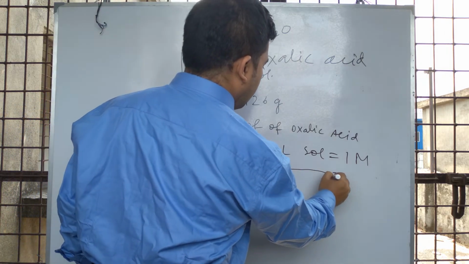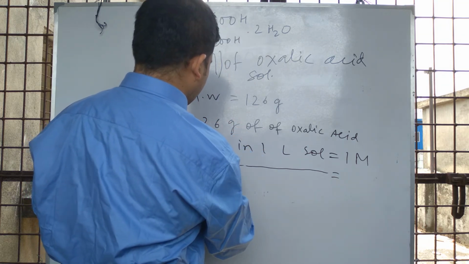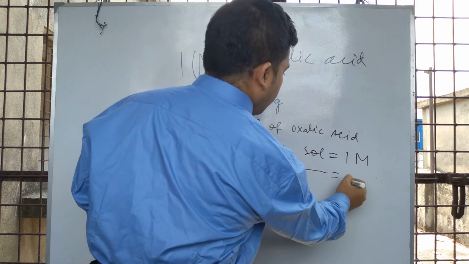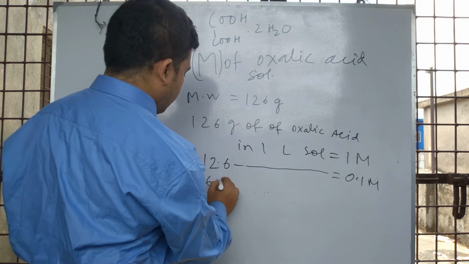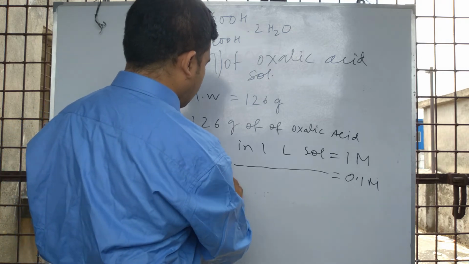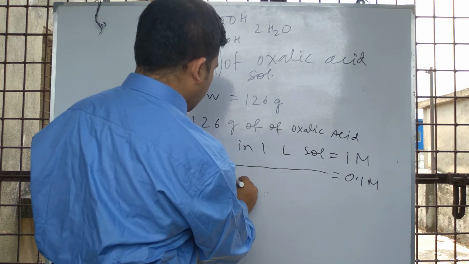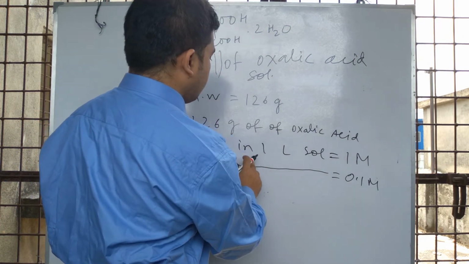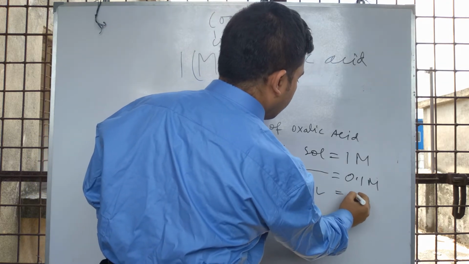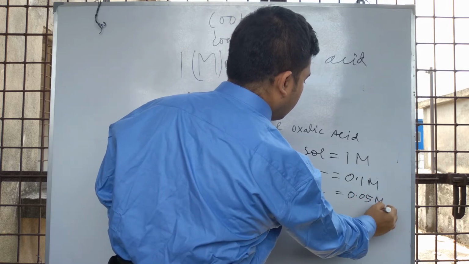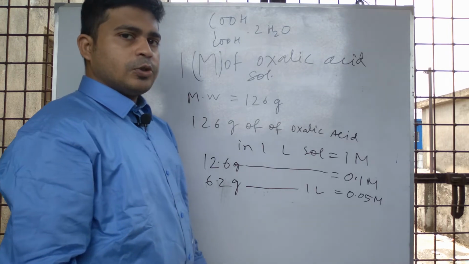And 12.6 gram is 0.1 molar of oxalic acid, and if 6.3 gram is dissolved in 1 liter solution, we term the strength of the solution as 0.05 molar of oxalic acid solution.